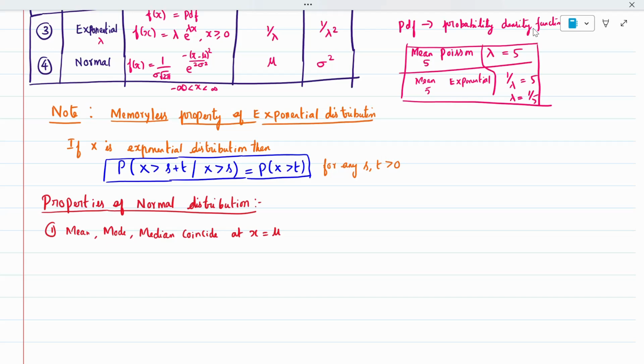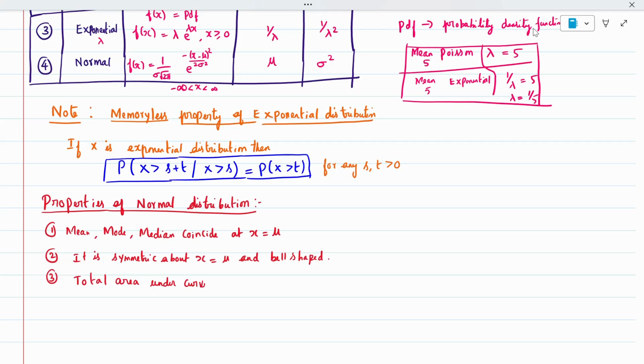Second property: it is symmetric about x equal to mu and bell shaped.